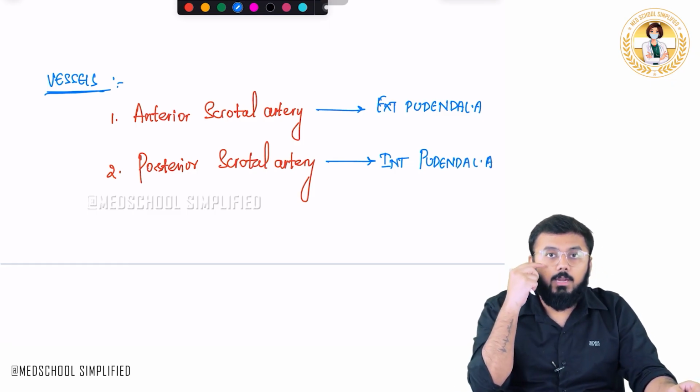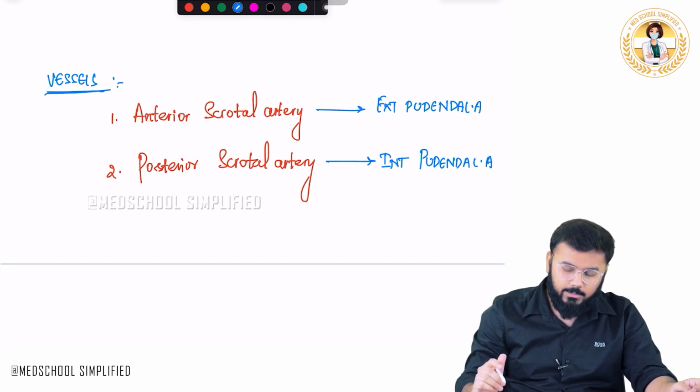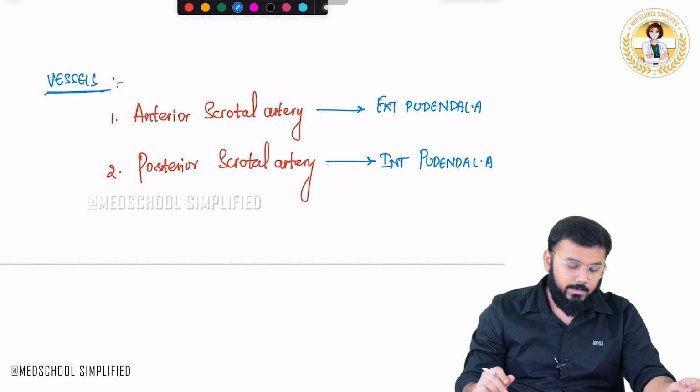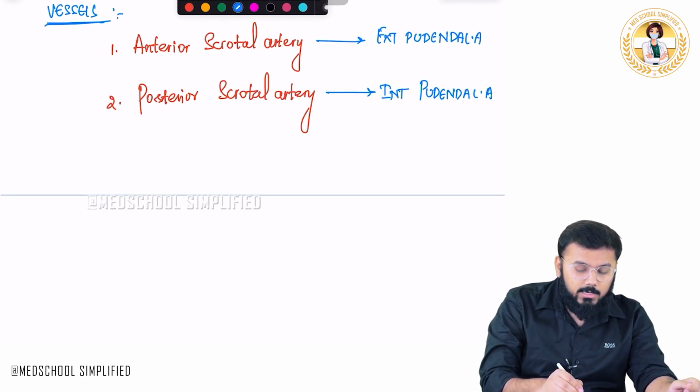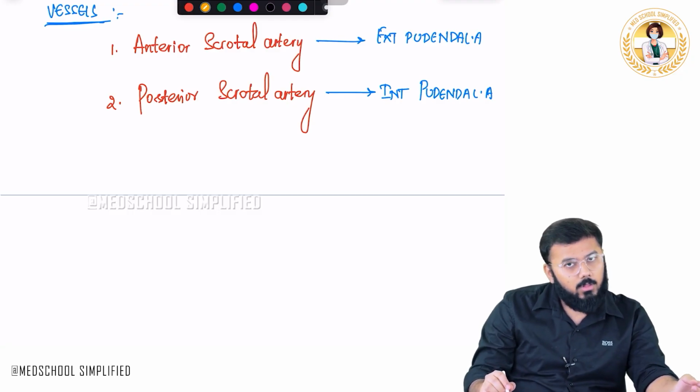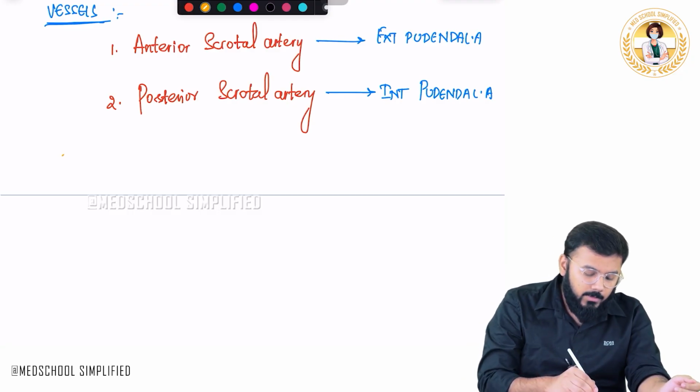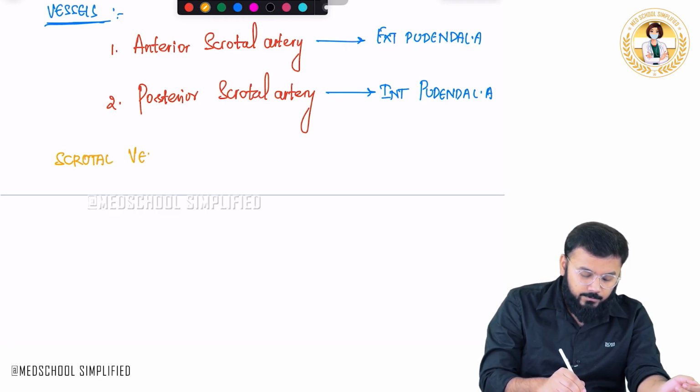So the anterior scrotal artery is a branch of the external pudendal artery and the posterior scrotal artery is a branch of the internal pudendal artery. Now, what about the veins? What are the different kinds of veins we have got? All the veins present in the scrotum are called scrotal veins.